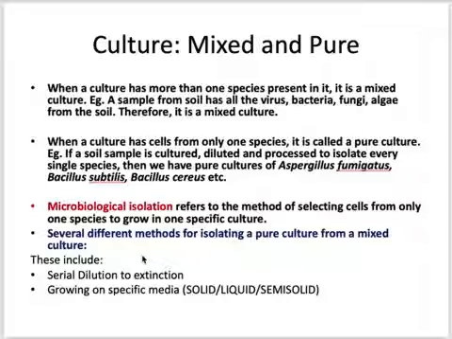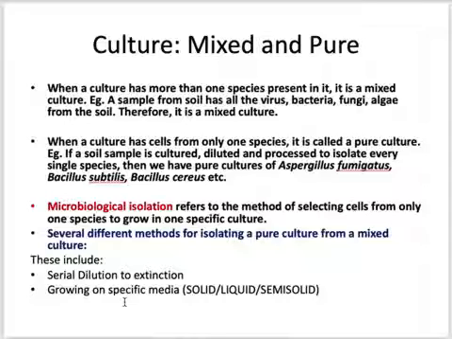How can we do this? We can do this with two basic methods: one is serial dilution to extinction, and another is growing on a specific media. That specific media can be a solid media, semi-solid media, or a liquid media.